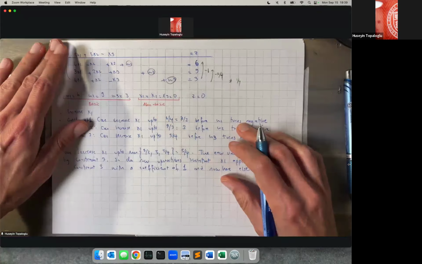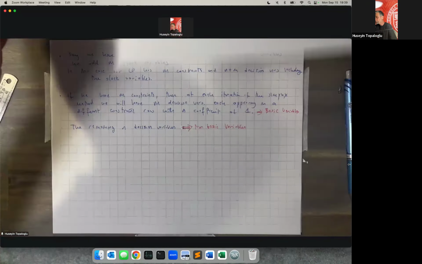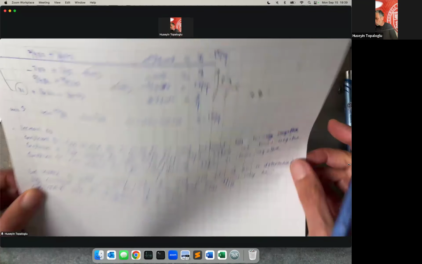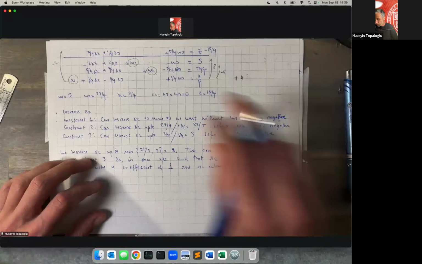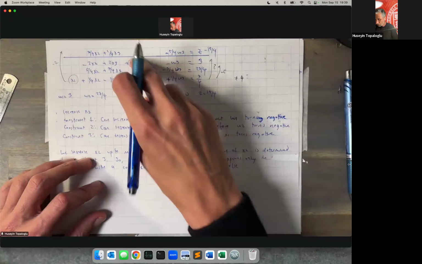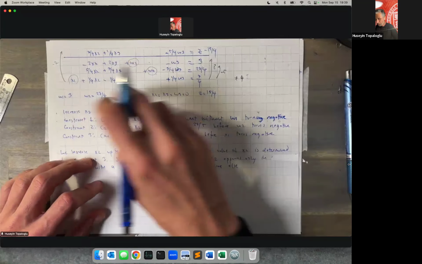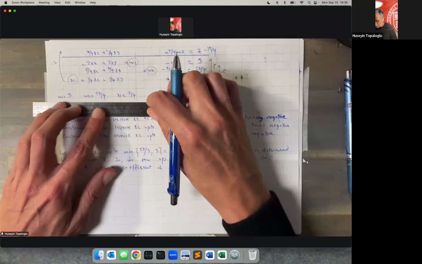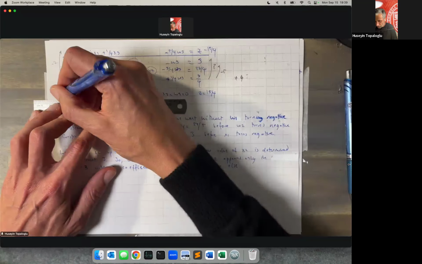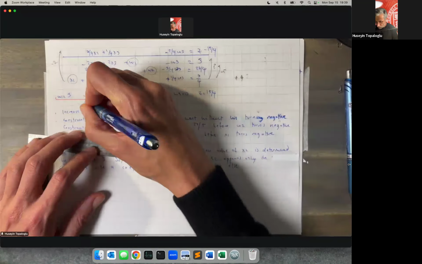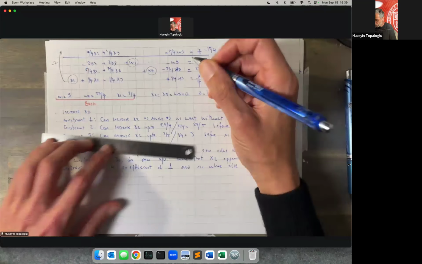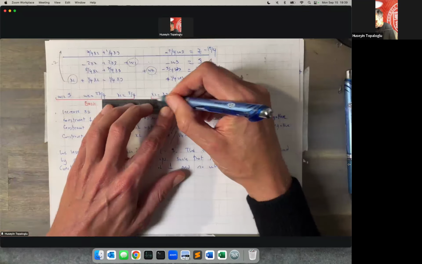Let's look at the simplex method in the second iteration. What are the three decision variables, each appearing in a different constraint row with a coefficient of 1? W1, W2, X1. Those are my basic variables. Those are the variables that can take positive values. And the remaining ones are my non-basic variables.